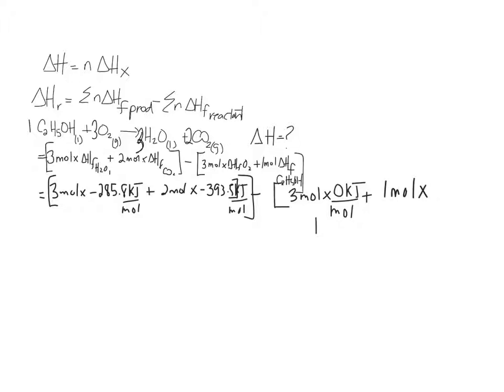What is it for C2H5OH? It's negative 277.6 kilojoules per mole. All right, now you can start calculating.